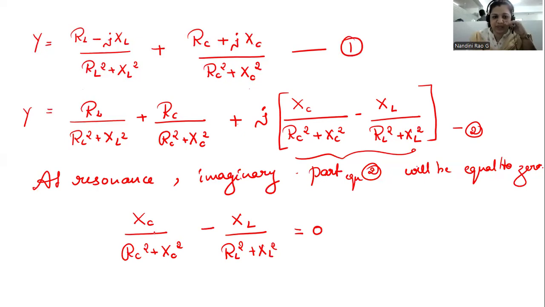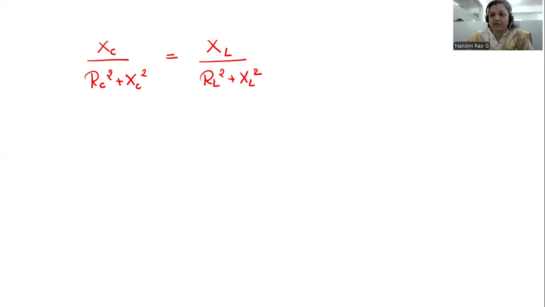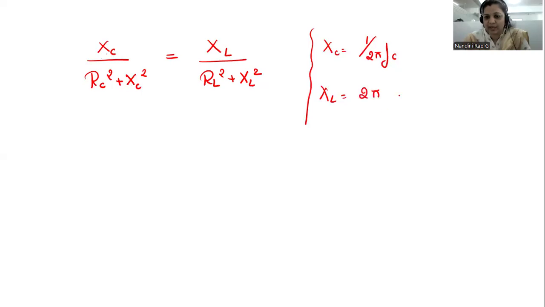Now I'm going to write it as XC by RC square plus XC square equal to XL by RL square plus XL square. If you want to get the resonant frequency from this, a very easy way is to take the XC and XL square terms together, the RC and RL square terms to the other side, then write XC as 1 by 2 pi FC and XL as 1 by 2 pi FL.